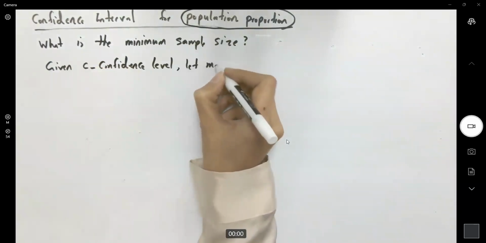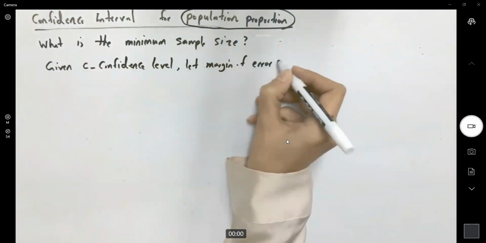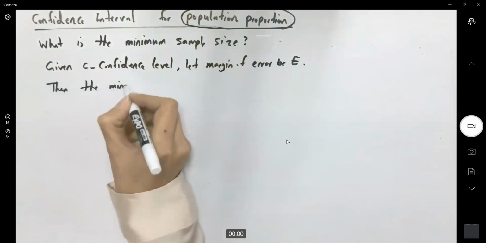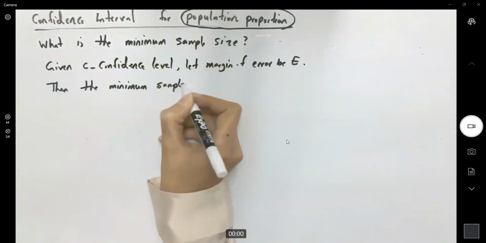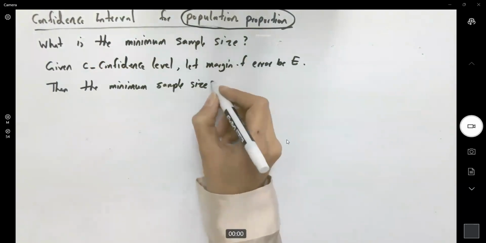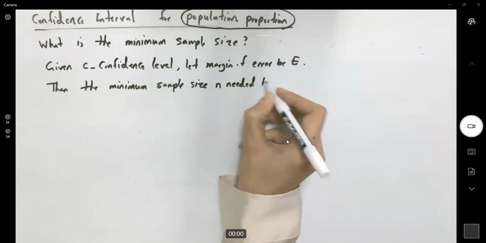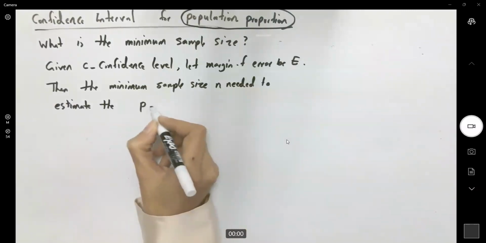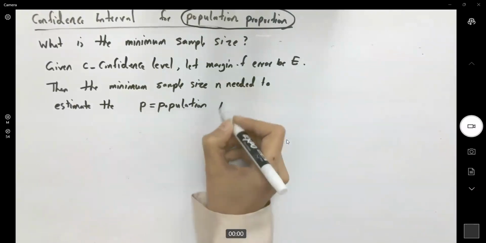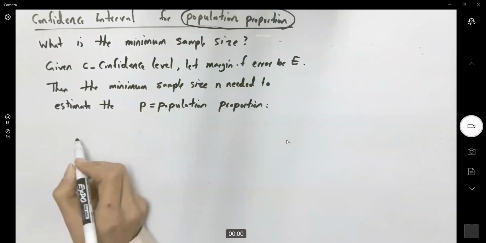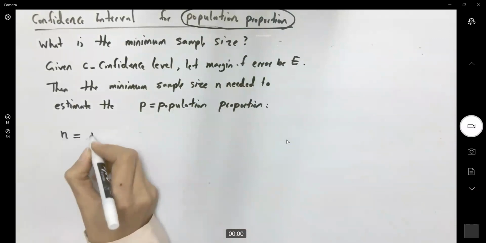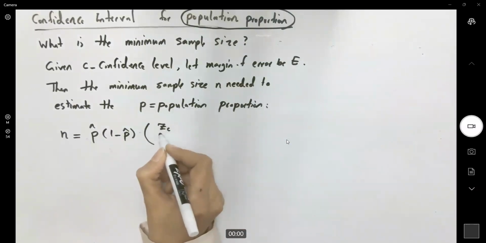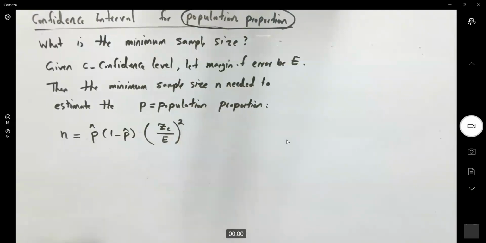Let the margin of error be given as E. Then the minimum sample size N needed to estimate the population proportion follows the formula: N is equal to P hat times 1 minus P hat times the critical value divided by the margin of error, raised to the second power.